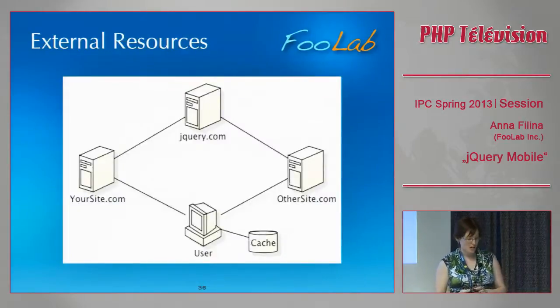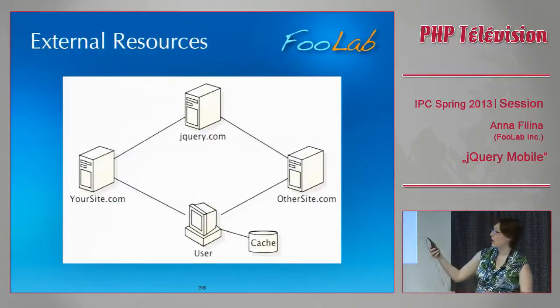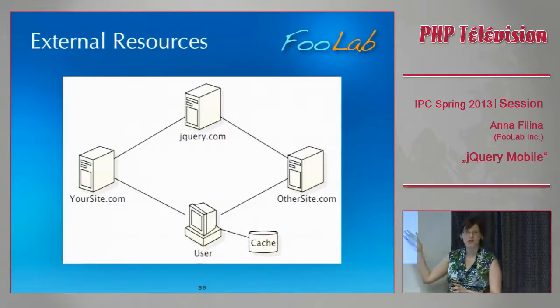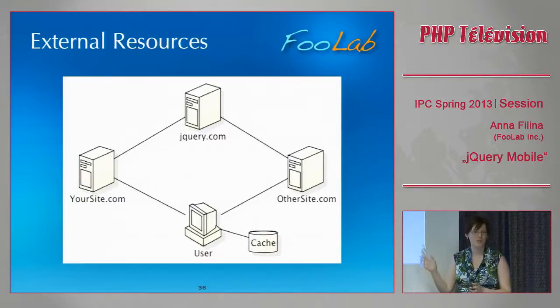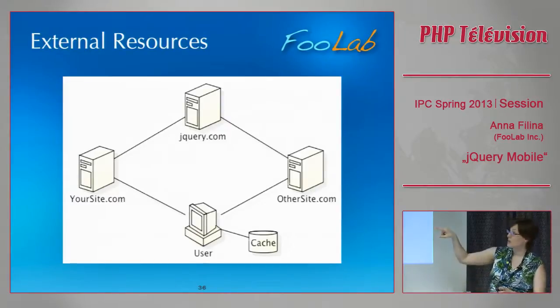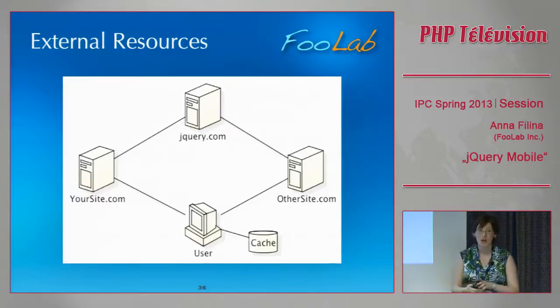Because consider this. You have a user that goes to some other website, and that other website uses the jQuery Mobile framework, the same version. Once they go to that website, the jQuery will be cached because it's from jQuery.com. And then when they go to your website, it's going to try to access the exact same resource, not your local copy, but the exact same resource.